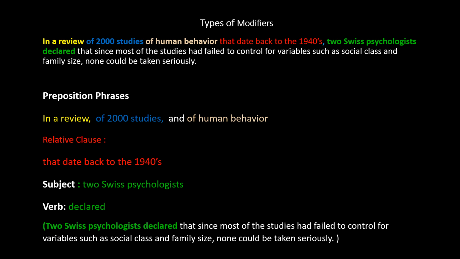What is a relative clause? A relative clause begins with a relative pronoun. Then what is a relative pronoun? The pronouns, namely who, whom, whose, which, where, when, that, etc. are called relative pronouns. I will explain pronouns in a separate session in detail.